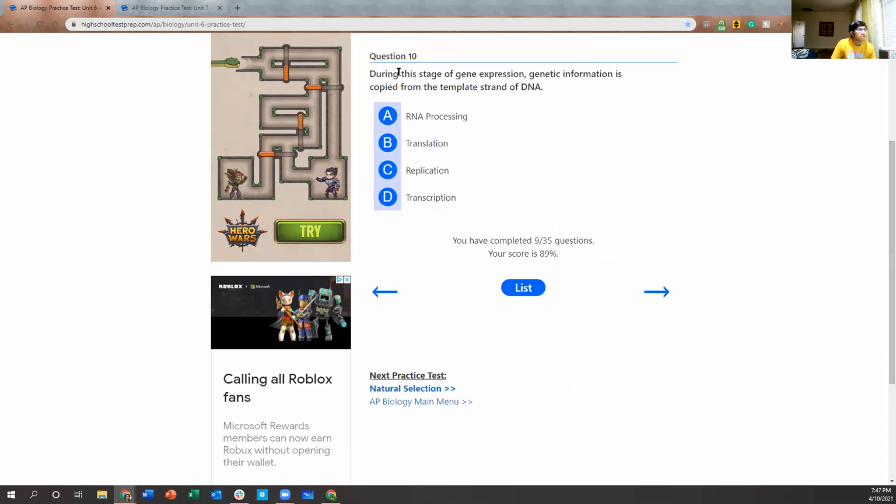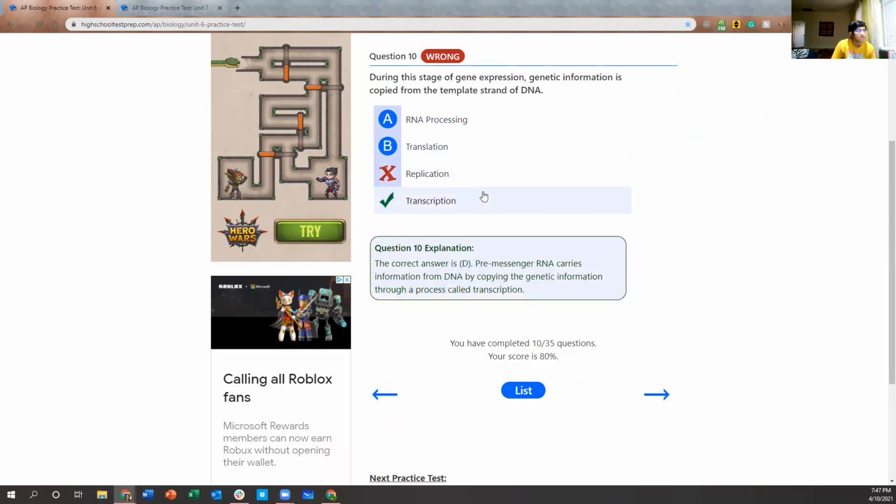Okay. During this stage of gene expression, genetic information is copied from the template strand of DNA. That's replication, right? Because if it's copied from the template strand, it's replication. What? Transcription, gene expression. I don't know. I feel like this is an ambiguous question.